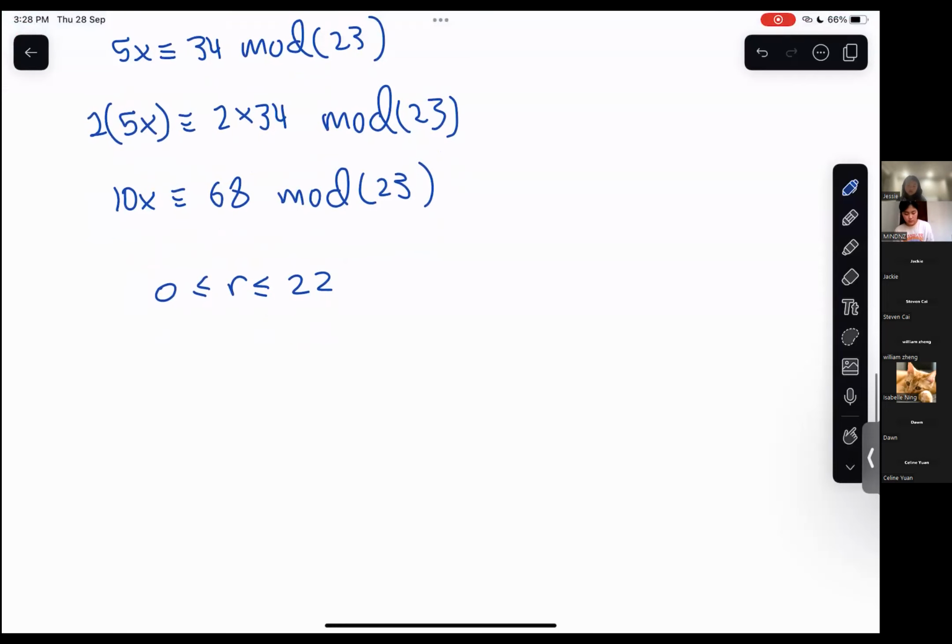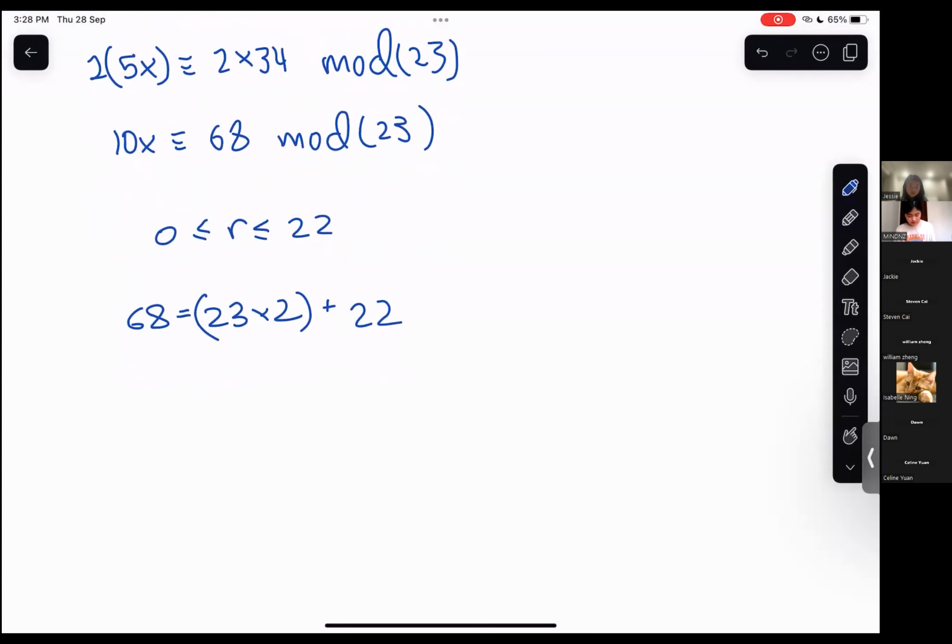And what we can do is we just find that 68 equals 23 times 2 plus 22, I believe. So what we can do is, and remember 23 mod 23 is 0 because it divides into 23. So we should just get something like this, right?